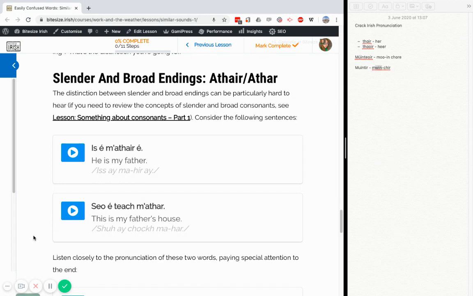So the I before the R makes the R slender, and that's the sound that you can hear after the R. So is athair é, is athair é. So you can hear the I after the R. So that's our slender ending there.